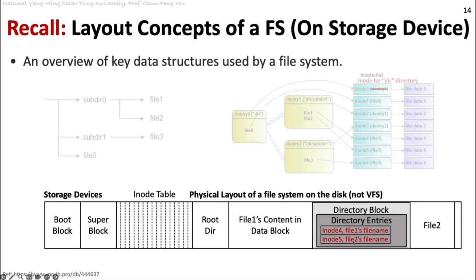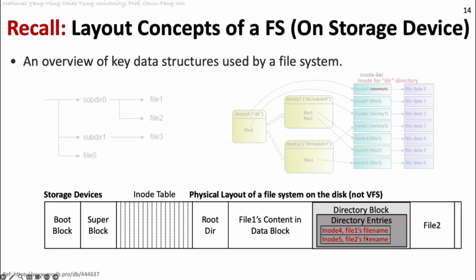One interesting thing to know is that the file name is not stored inside the inode. In Linux, the file name is stored inside the directory entries. The reason is that the inodes have the same size, but file names can differ in length.